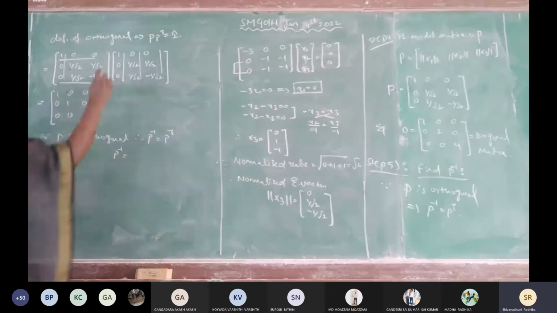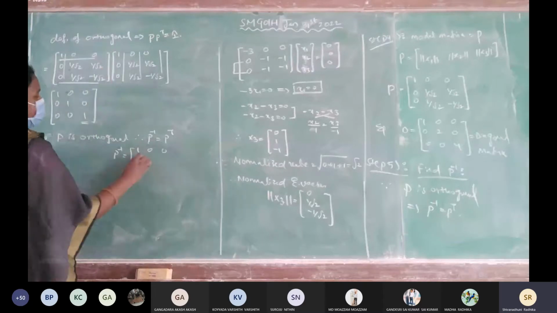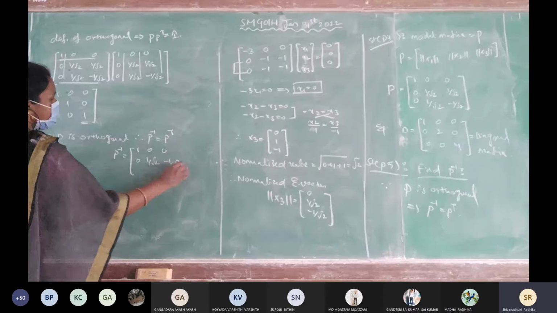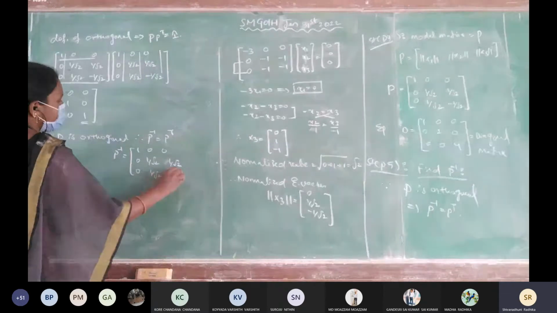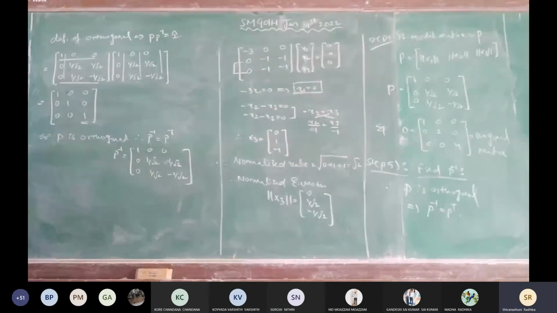P inverse equals the transpose of P, which is this one here: [1, 0, 0; 0, 1/√2, 1/√2; 0, 1/√2, -1/√2]. Any doubts about the concept of the inverse? Without using the formula, adjoint and cofactors, we are getting the P inverse matrix using the orthogonal definition. P into P transpose equals I. Directly we can write P inverse equals P transpose.